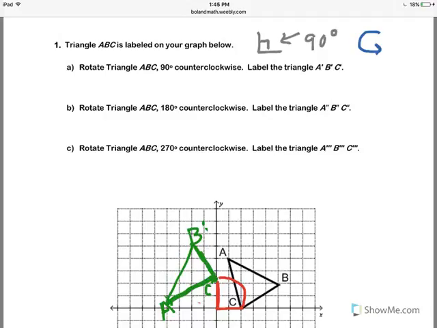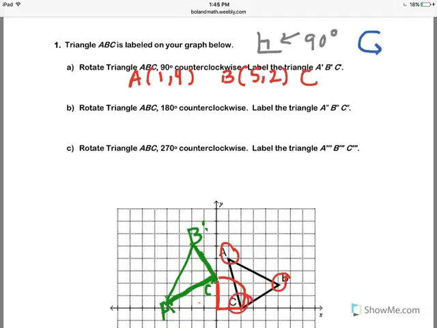So I'm going to go ahead and write the coordinates down for my original triangle. So A was at 1, 4. B is at 5, 2.